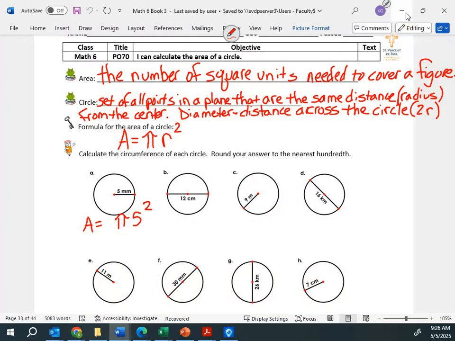So, I'm going to write the equation that I'm going to do. Area equals pi times 5 squared. And then I can put my answer, 78.54. Put your equation, so if you get it wrong, we can see where you went wrong.